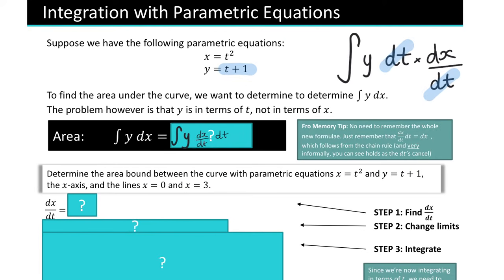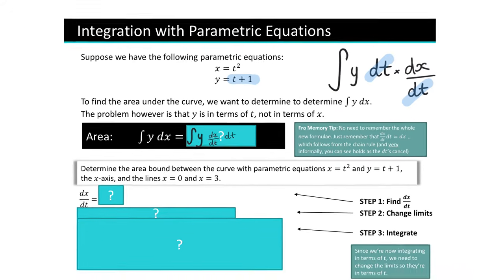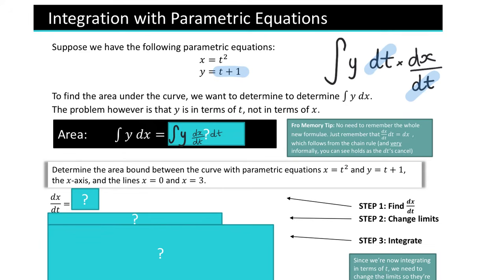So, step 1, we know what y is. Now dx dt is what? If we differentiate t squared, we get 2t, okay?